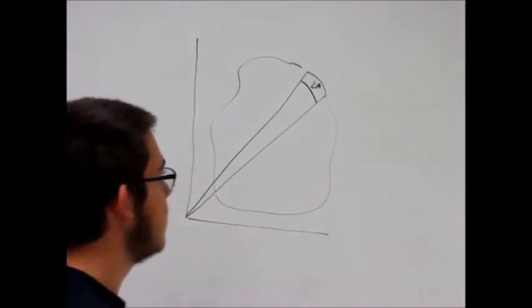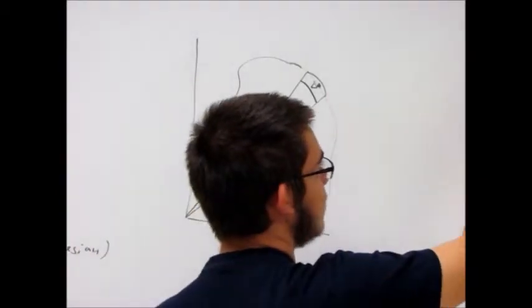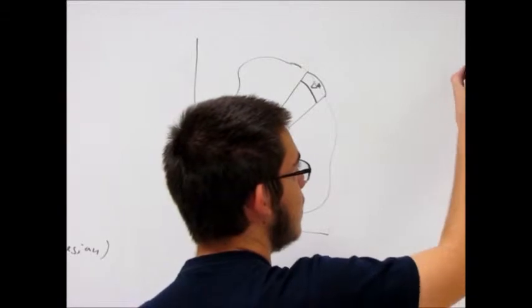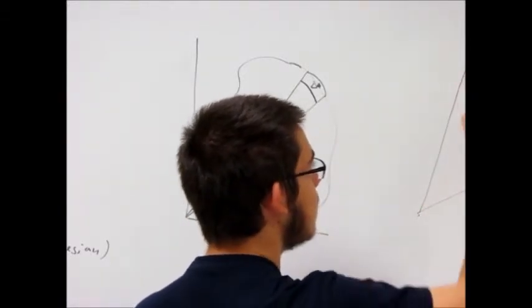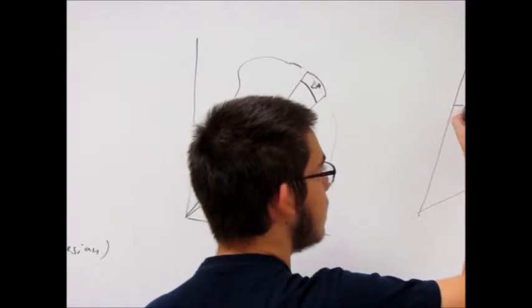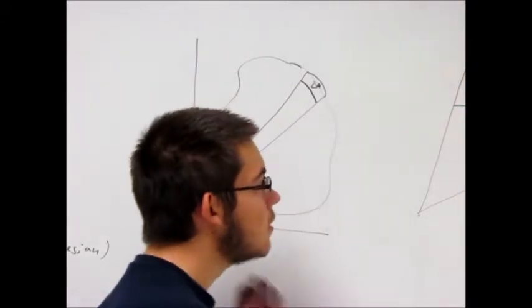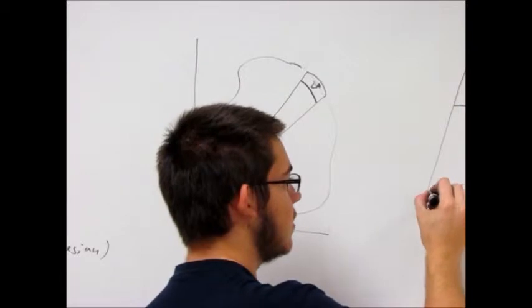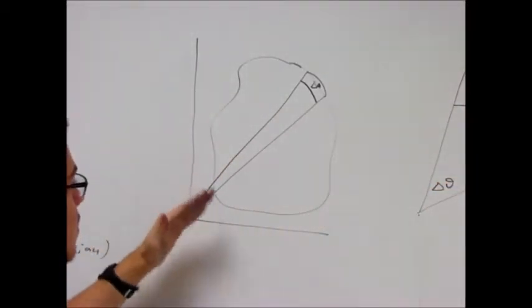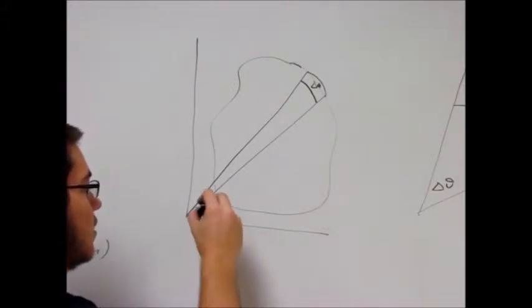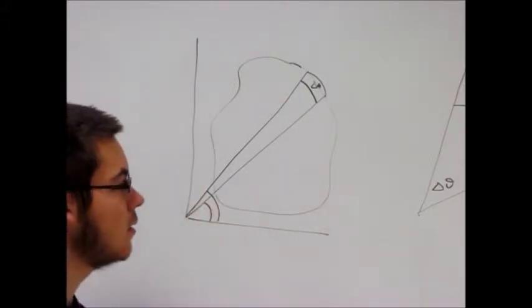So let's zoom in a little bit and see what these regions look like. Kind of a slice here. This is delta theta, a small change in the angle from this angle to this angle.